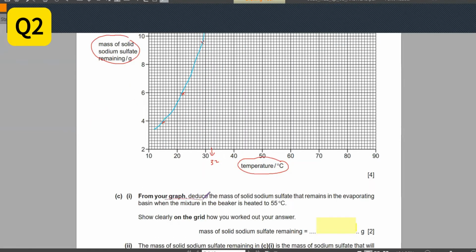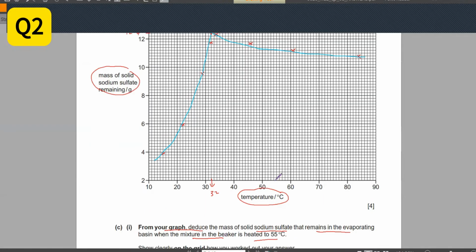So we'll look at the next question. From the graph, deduce the mass of solid sodium sulfate remaining in the evaporating dish when the mixture in the beaker is heated to 55 degrees Celsius. Yeah. So basically, when we plot the graph, it is quite useful because we can use the plot to predict other situations.